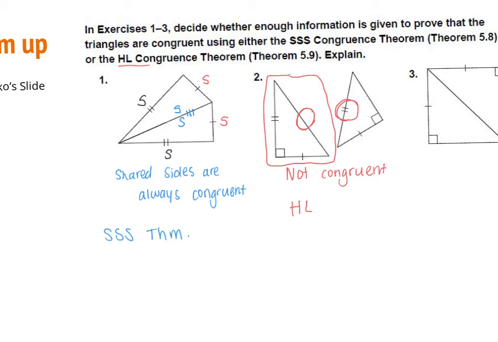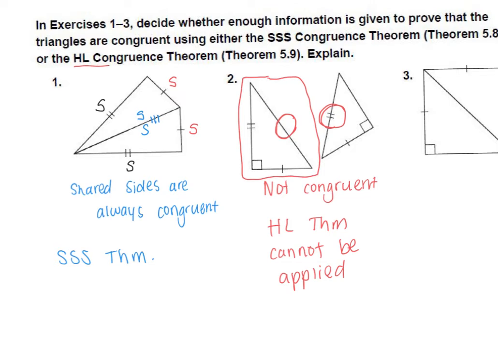So if the hypotenuse of one is not equivalent to the hypotenuse of the other, therefore these are not congruent. The HL theorem cannot be applied. Okay? Because the hypotenuse of the second one is congruent to the leg of the other one. So there's no way these can be congruent.